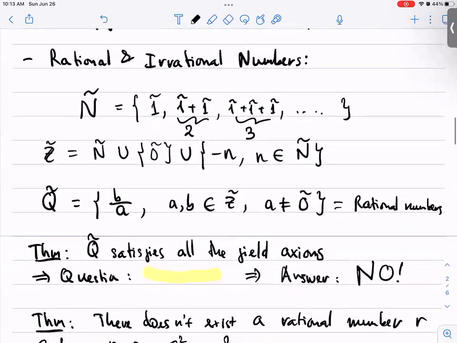Now, the next topic is that using these algebraic properties, we can define rational and irrational numbers as follows. First, we start with a set of natural integers. How do we define the set of natural integers? We keep adding one together. That is, we're adding several copies of element 1 together. You have one copy of 1, that is the element 1.